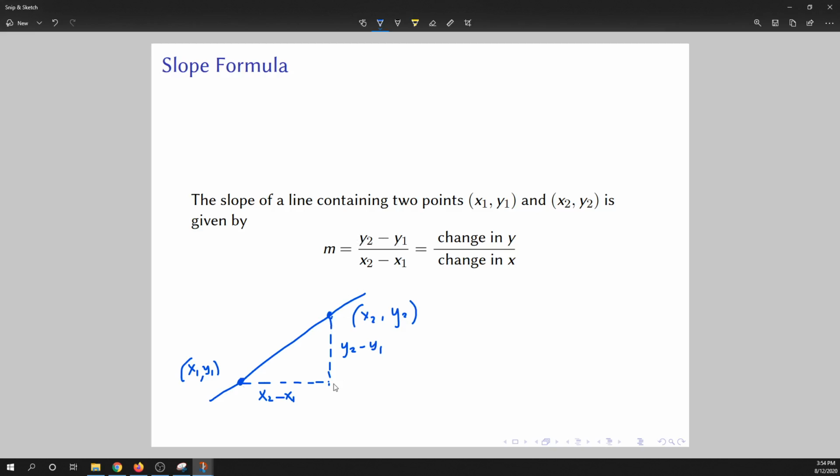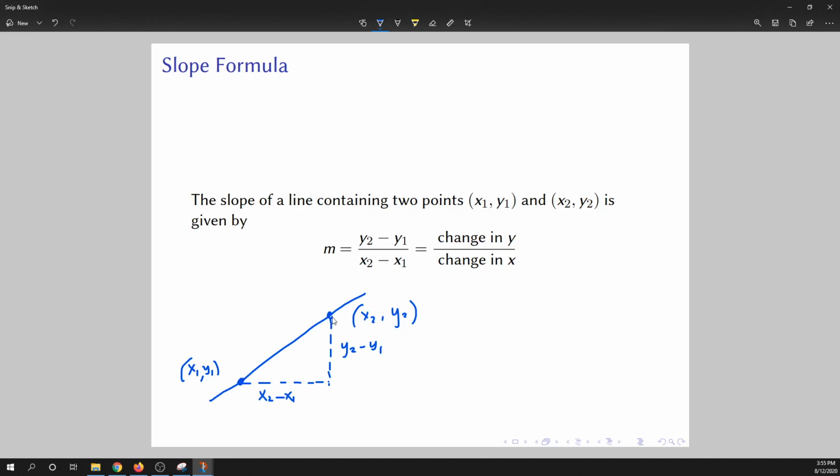And y2 minus y1 is how much the y coordinate has changed going from this point to this point right here. All right, so that's why the formula is y2 minus y1. That is the change in y. And then you put that over x2 minus x1, that will be the change in x. So you'll see and hear people refer to the slope as the change in y over the change in x, and that's exactly what it is.